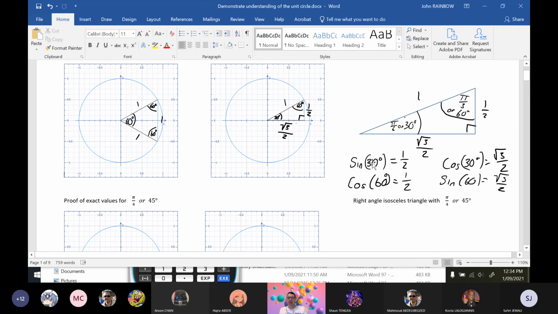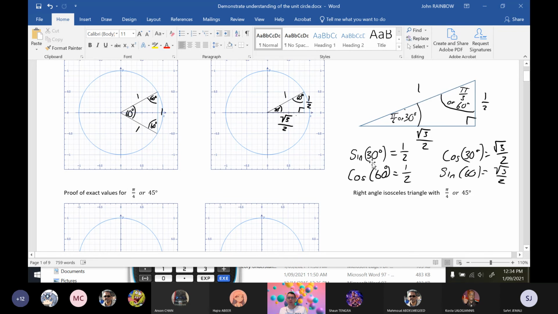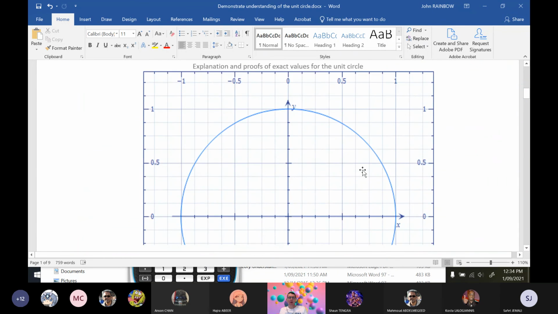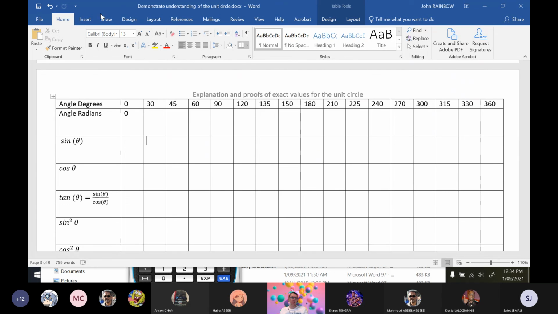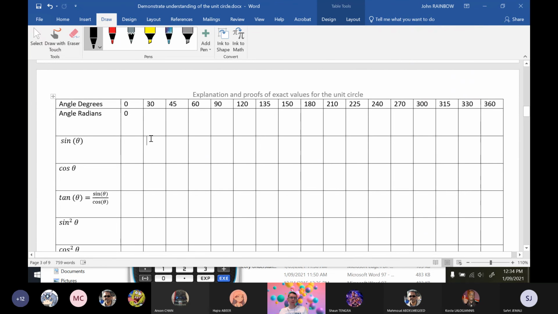And this is how we get exact values of sine 30, cos 30, and so on. So when we come down to here and we look at sine 30 degrees, what we know from the unit circle and from what we've just proved is that sine 30 degrees is a half. And if that's a half, cos 60 has to be a half, because it comes from the same triangle.